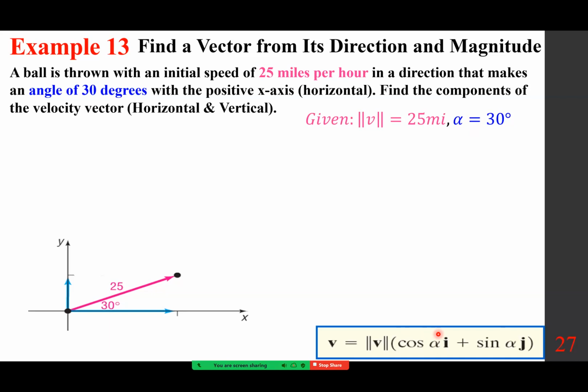So the vector is represented as the magnitude 25 times cosine of 30 i plus sine of 30 j. And we know cosine of 30 degrees is square root of 3 over 2, where sine of 30 degrees is 1/2. So we can replace them.